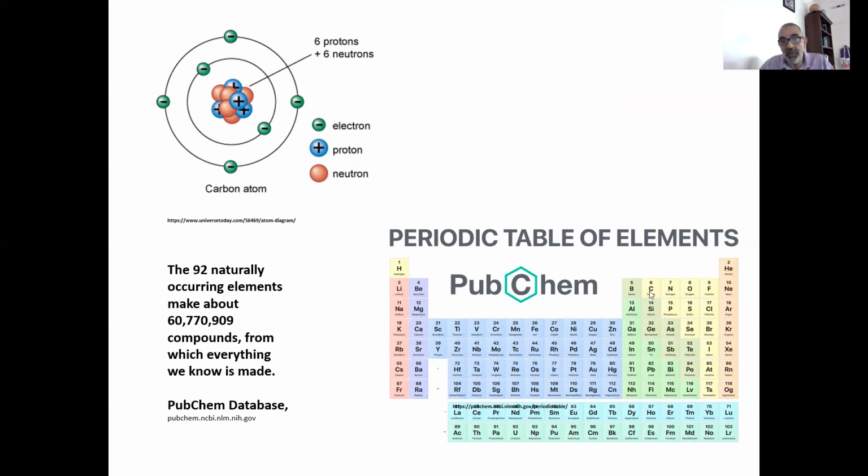Of course, we're familiar with carbon, nitrogen, oxygen, and so forth. From these 92 naturally occurring elements, the PubChem database says that there are somewhere over 60 million compounds, and they come from different combinations of these 92 elements. And these compounds make up everything that we know. So all of the building blocks are 92.